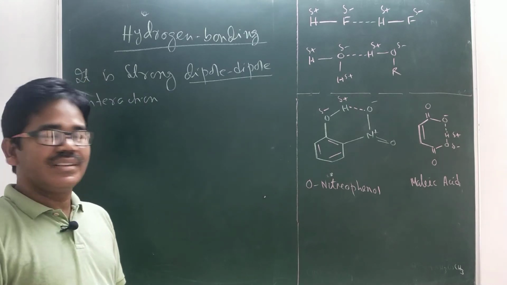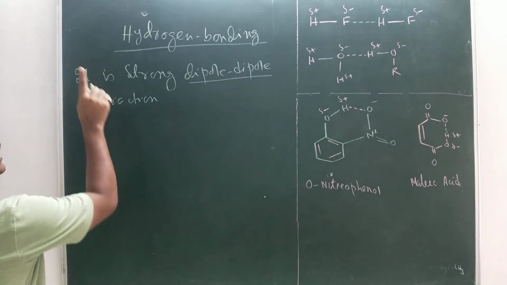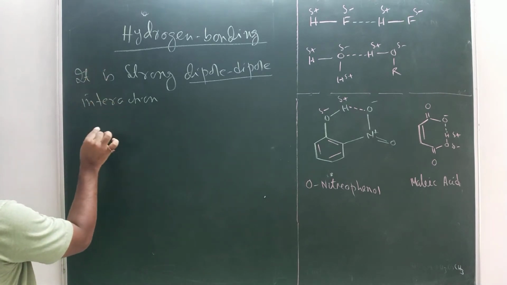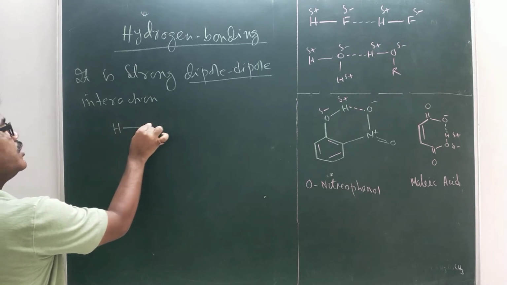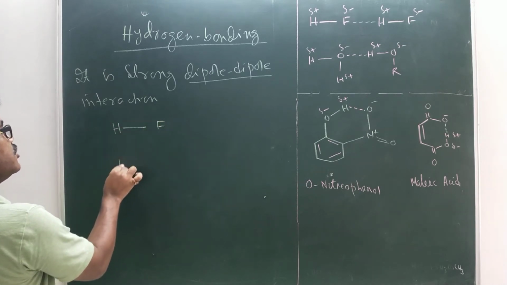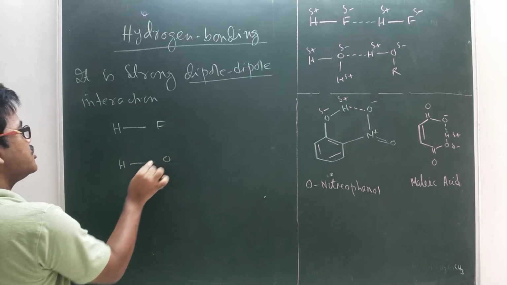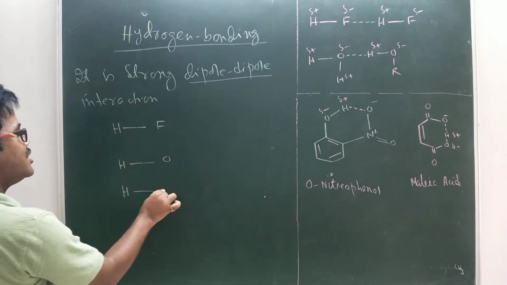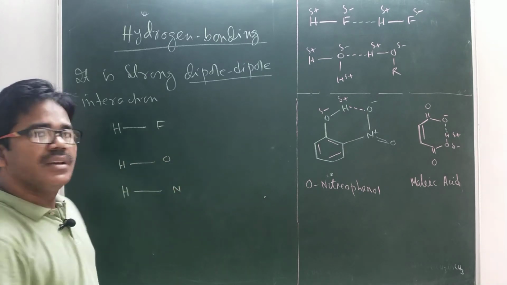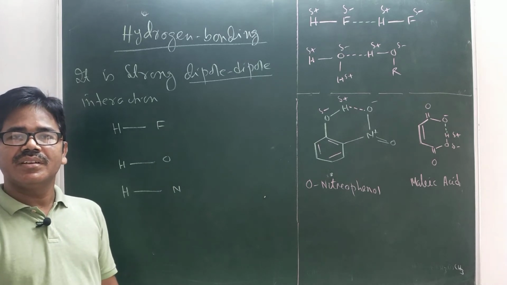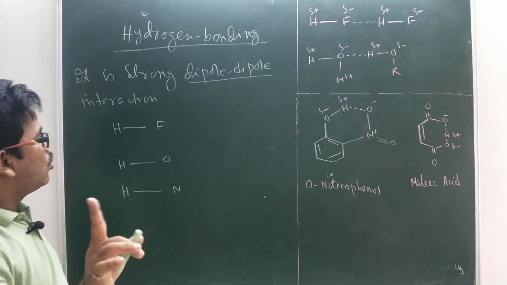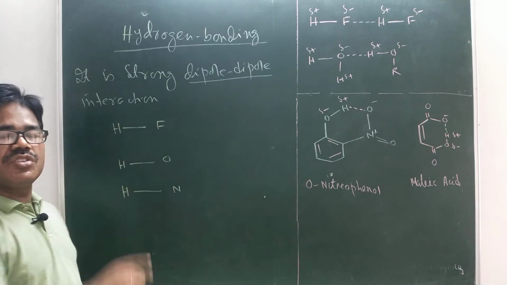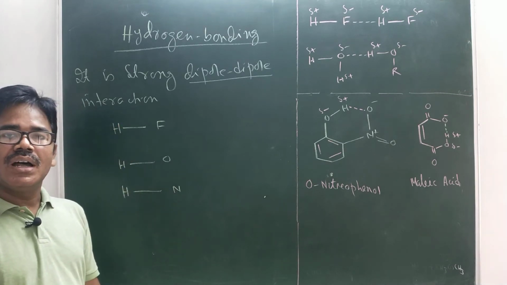Therefore, for hydrogen bonding, the basic condition is that a molecule must have either a hydrogen-fluorine bond, or a hydrogen-oxygen bond, or a hydrogen-nitrogen bond. This is the basic condition for hydrogen bonds. A molecule containing any one of these three bonds can show hydrogen bonding.